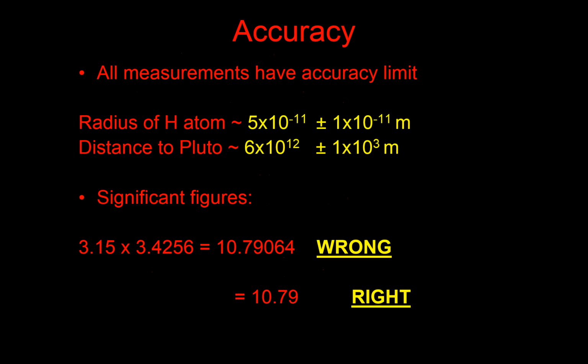When we talk about the accuracy of a measurement, what we're really talking about is how accurately can we quote a value? How reliable is that number? Well, if we look at physics, there's a range of reliabilities. If we're talking about the radius of a hydrogen atom, this is about 5 times 10 to the minus 11 meters. That's extremely small. We know this value to plus or minus 1 times 10 to the minus 11 meters.